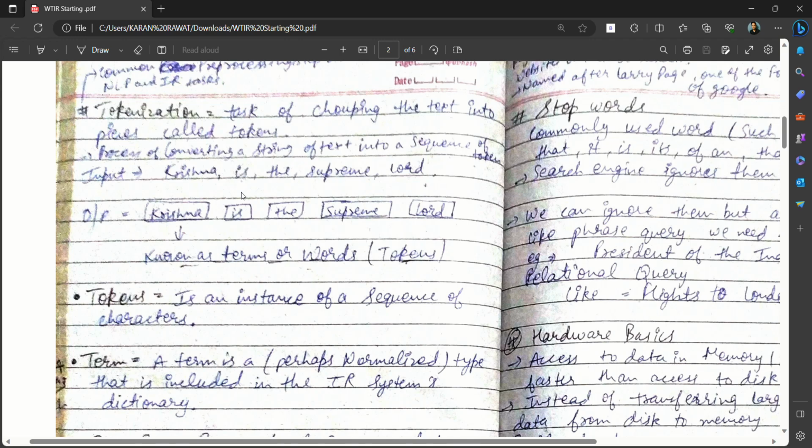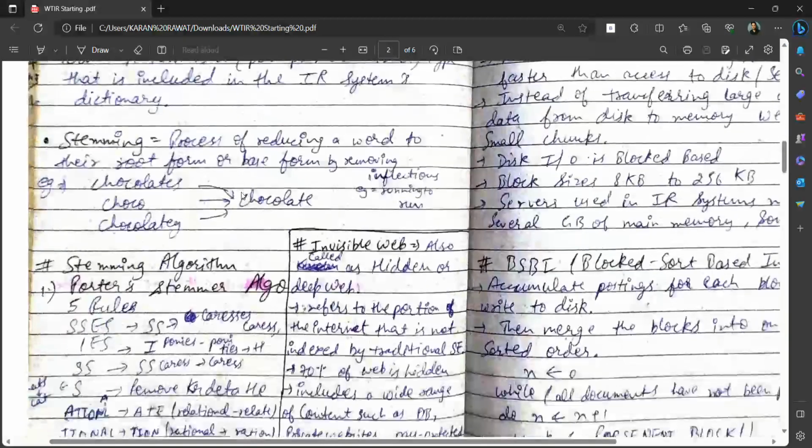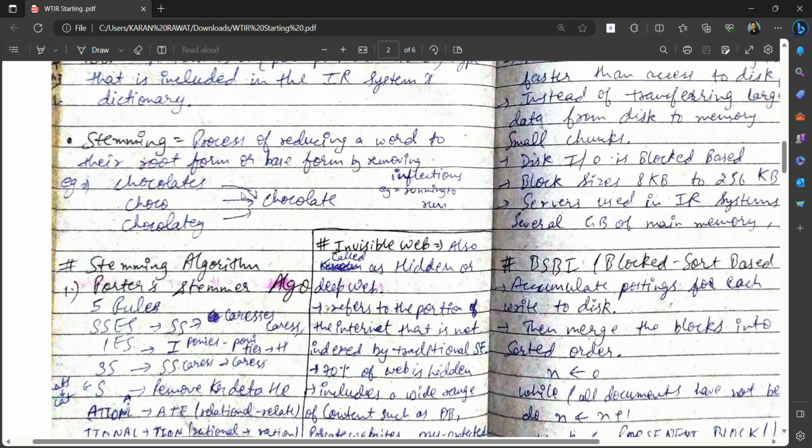That is tokenization. But in stemming it is basically about reducing a word even further. In tokenization we are just chopping a text or sentence into a particular word or token, but in stemming we are reducing a word.